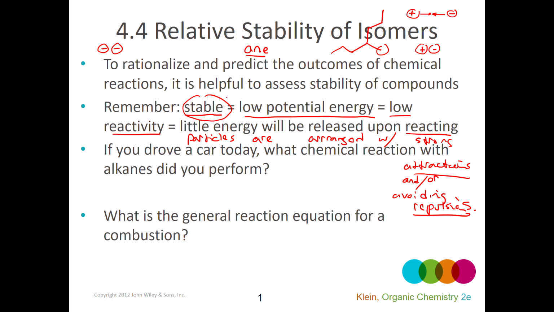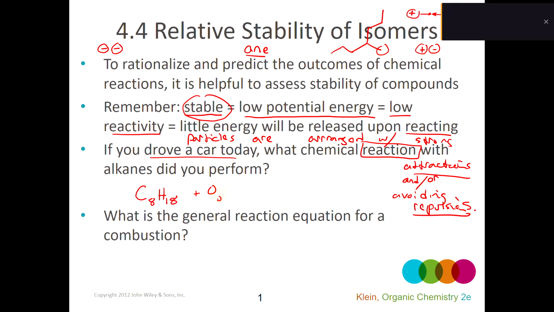So those are simple situations, but there are more complicated situations where we're dealing with a reaction. If you drove a car today or any time recently, the reaction that took place in there was a hydrocarbon reacting with oxygen. That would be octane, the main hydrocarbon in gasoline, and it has 8 carbons and 18 hydrogens.